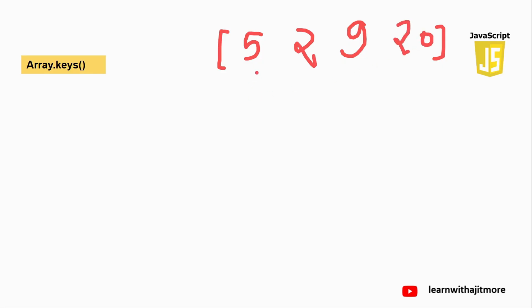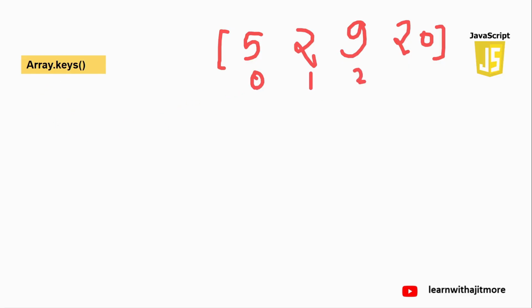Then next, some methods are there which return the index of your array. So this is array.keys. Array.keys returns only the indexes of your array. Whatever elements are there, 5, 2, 9, 20, whatever, every element is going to have an index.